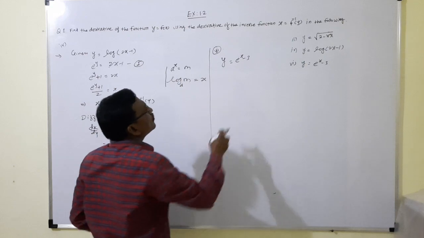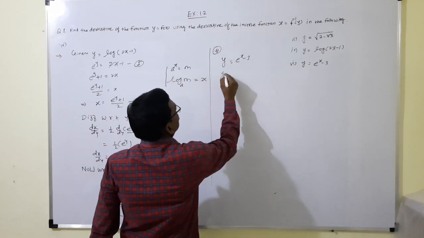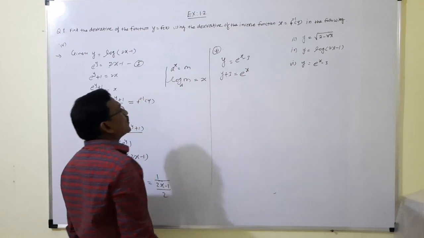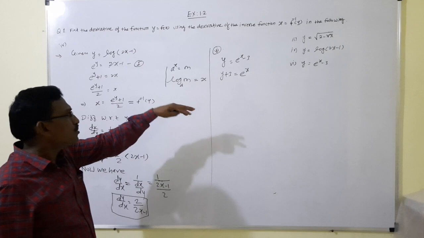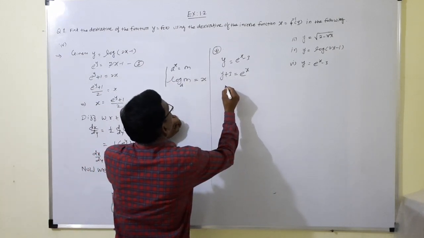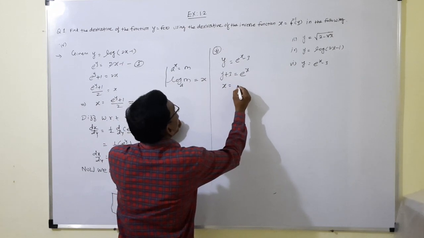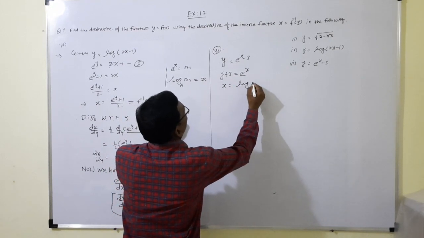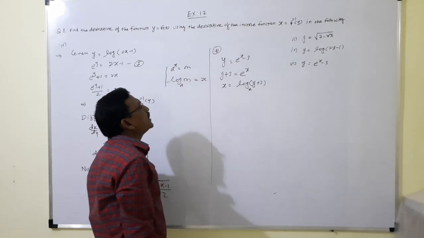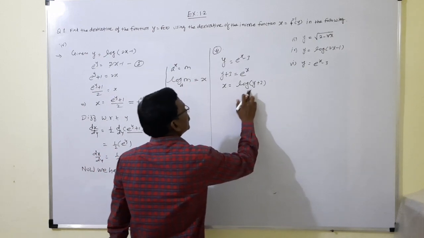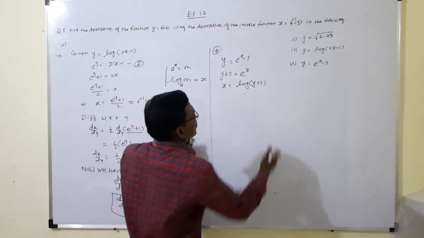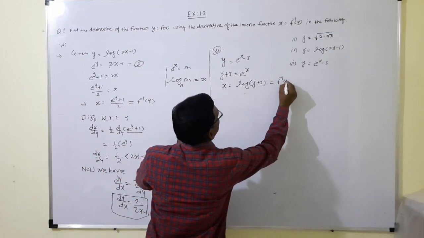First of all we take this minus 3 to this side and it is e raised to x. Now we convert it into logarithmic form. So it is x equal to log of y plus 3 to the base e. There is no need to write the base e here. So x equal to log of y plus 3, and this is the inverse function f inverse of y.